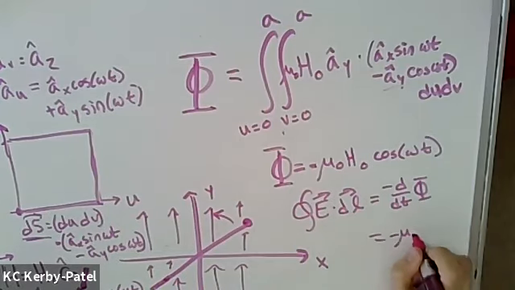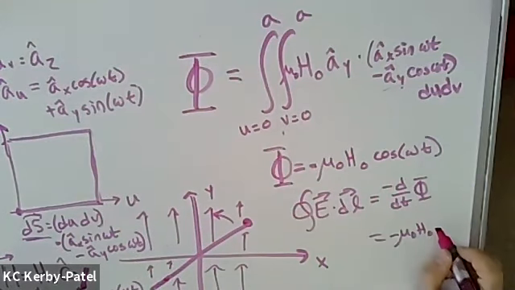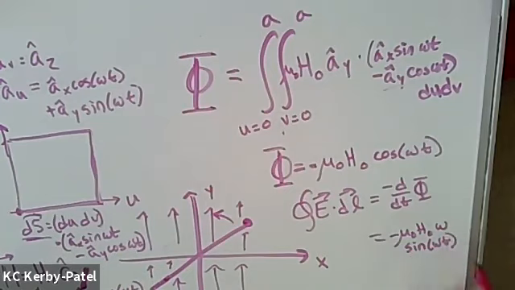So minus mu naught h naught omega times sine of omega t will get you your induced EMF. How do you feel about that? So far, so good?